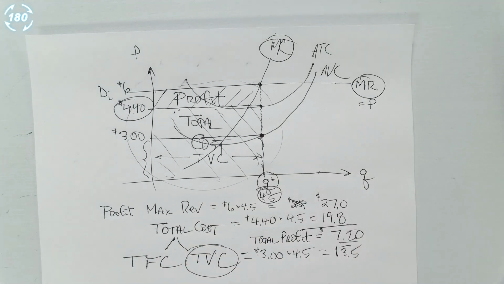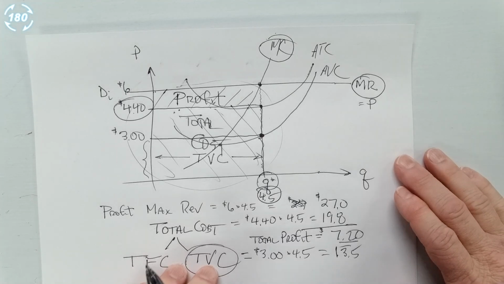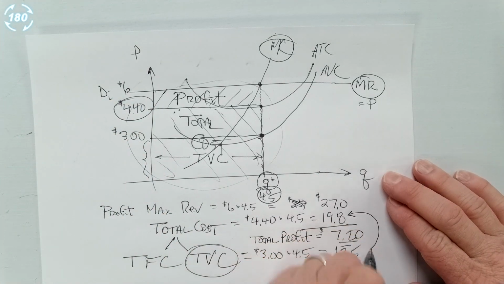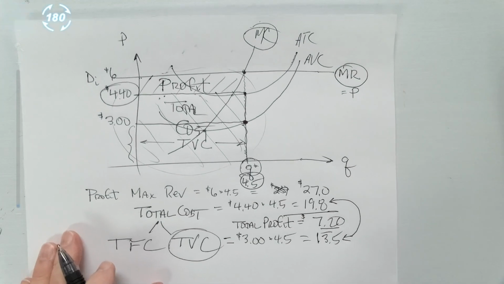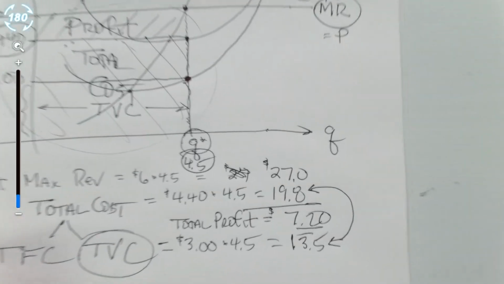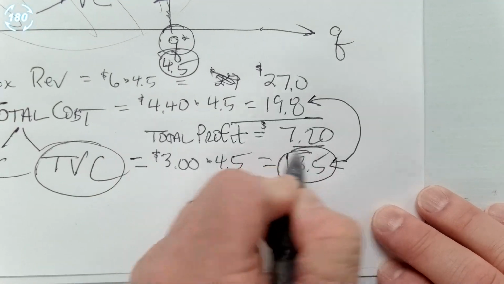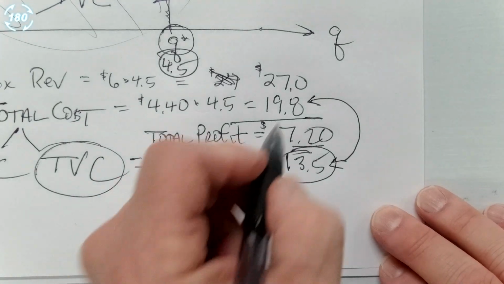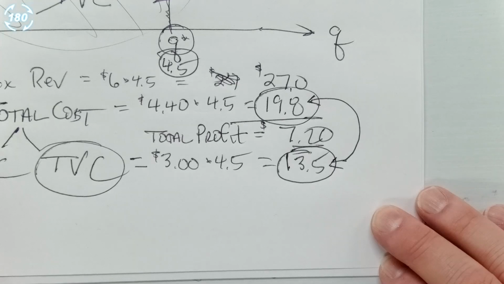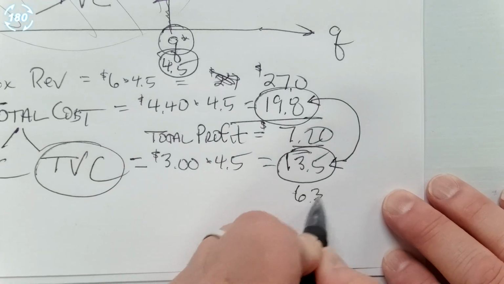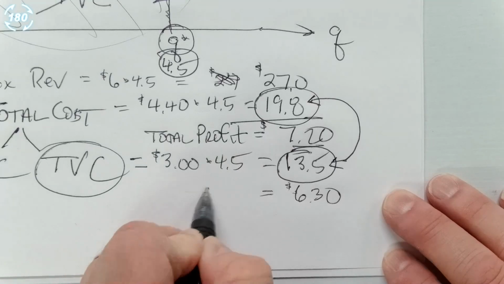I said it but didn't write it. All right, so total variable cost is a portion of the total cost. If we go back up here and look at total cost, and if I subtract total variable cost from it, I could get total fixed cost. More than one way to do this, I suppose. But the total variable cost here is $13.50. Total cost is $19.80. So the difference between those, $6.30, is the total fixed cost.